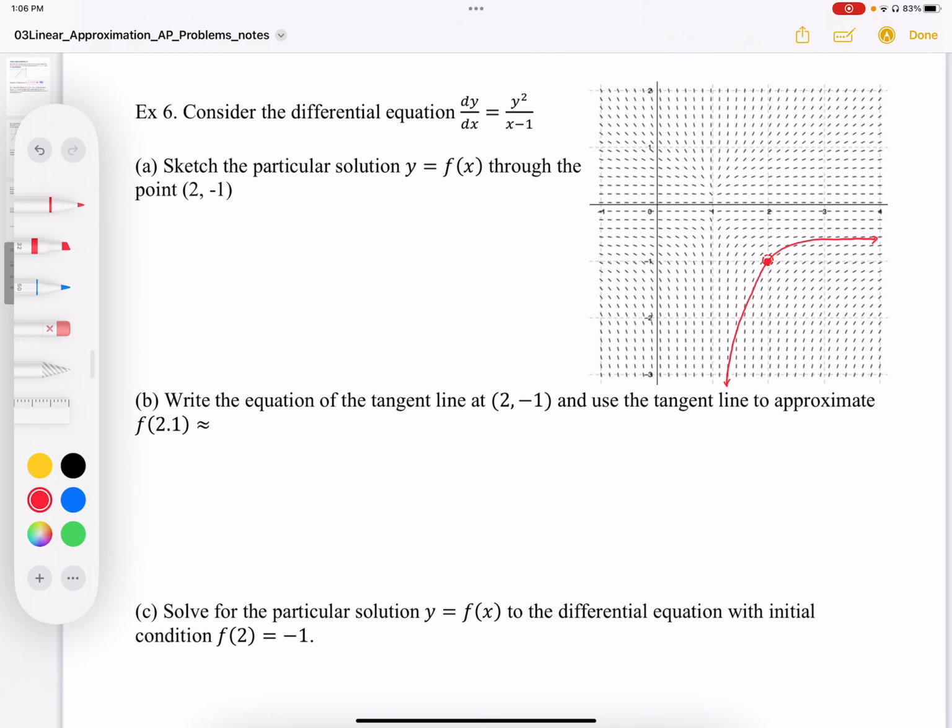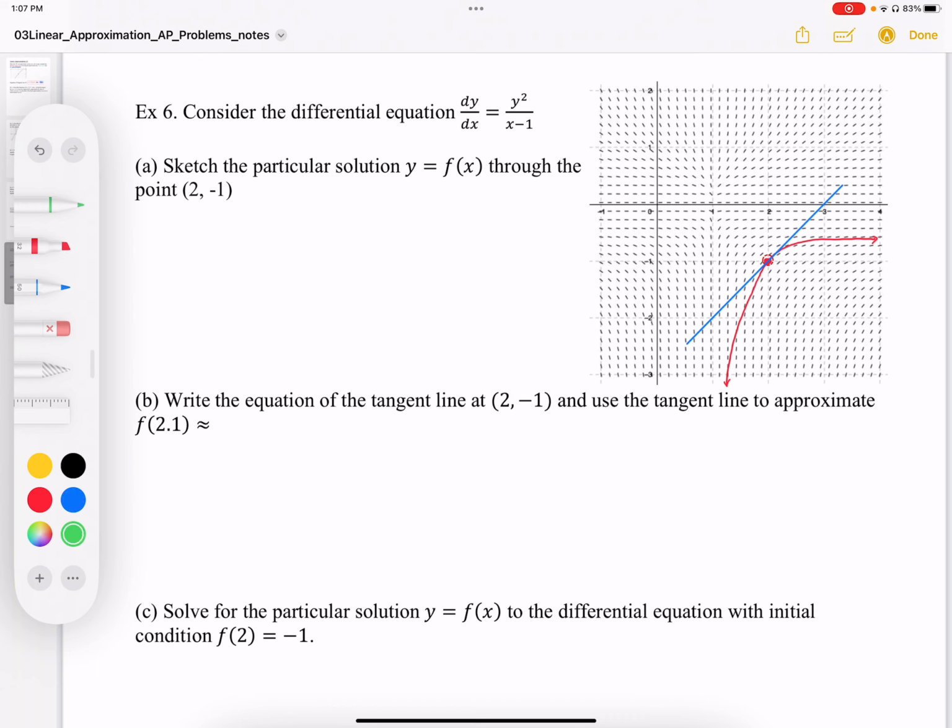And part B asks, write the equation of the tangent line at that point and use the tangent line to approximate f of 2.1. So I want to come up with the equation of the tangent line that goes through that coordinate. First, I want to find the slope.